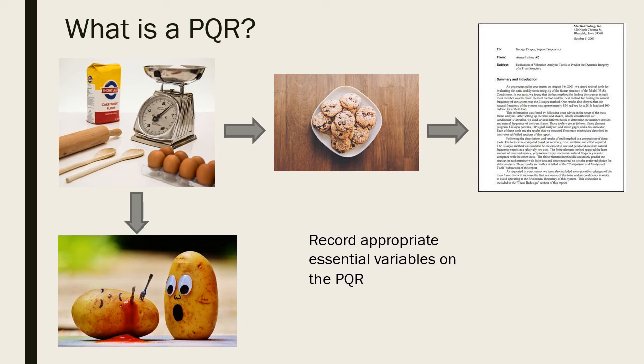But you're going to keep track of all your essential variables and non-essential variables. Well, you can keep track of the non-essentials. But all your essential variables need to be addressed on the PQR. But that's what a PQR is, it's just a document that records what you did in your science experiment and whether it worked or whether it didn't. If it didn't work, you're not going to use it and you're going to start over. But that's what a PQR is.